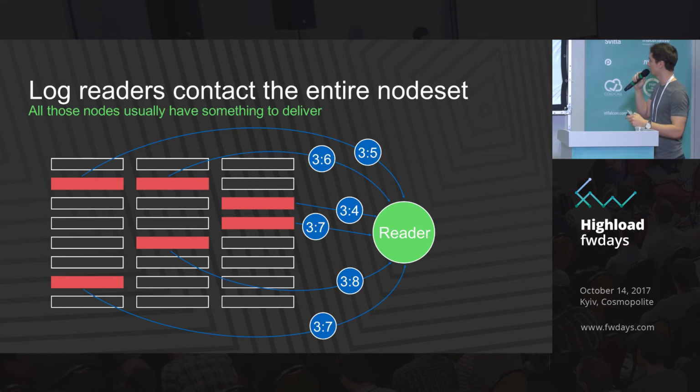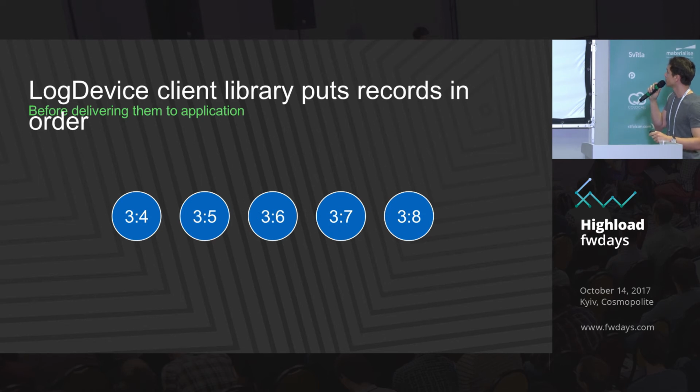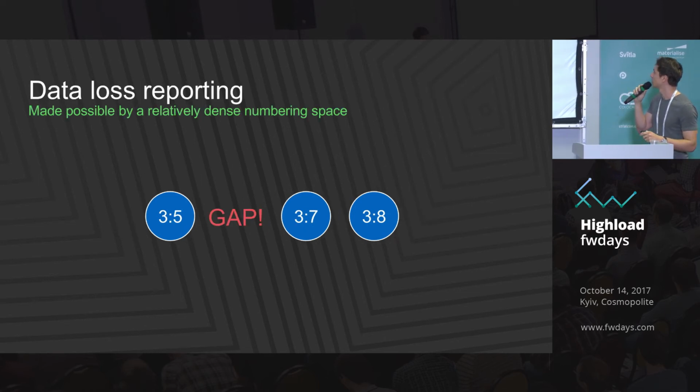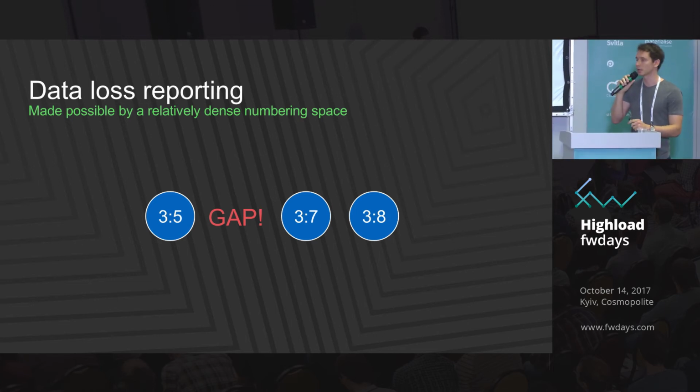And later on the reader side, we can take a look at which data we received, remove duplication, rearrange it, sort it, and have it ready for the client in sequential order. If a data loss happened in some records, we can have a gap, and the reader will detect that there is a missing record and place a gap.